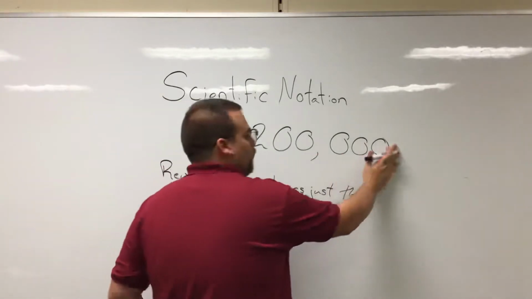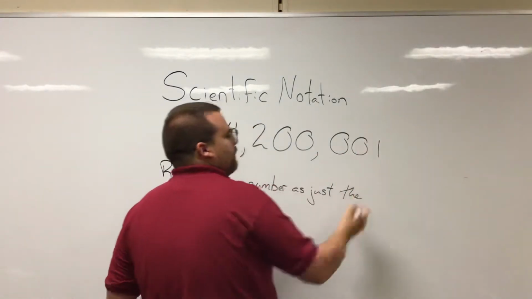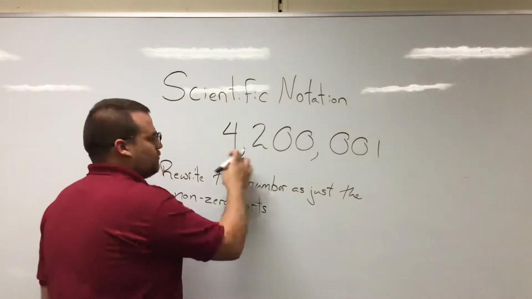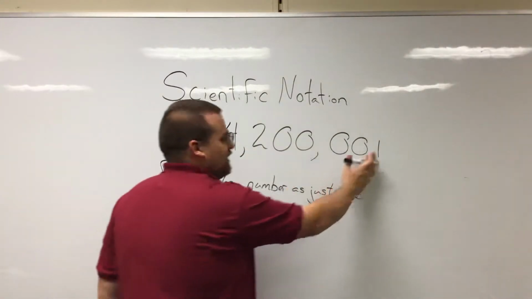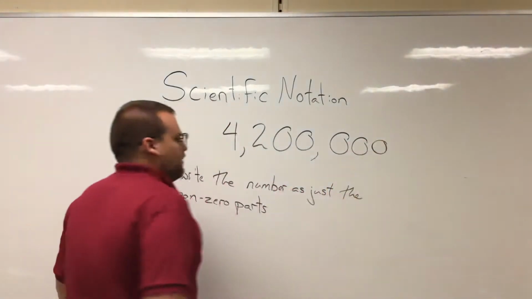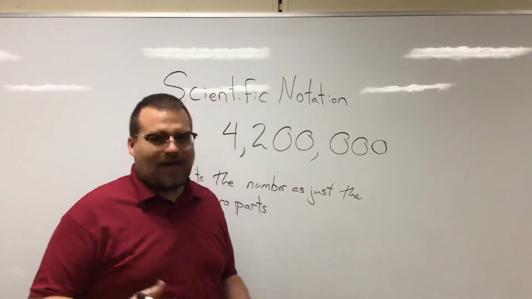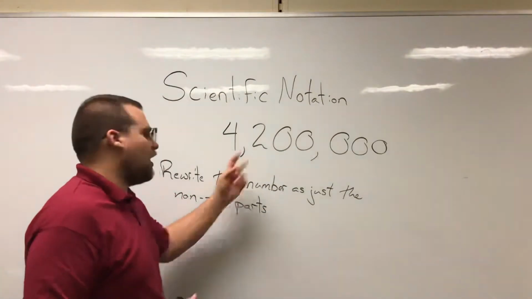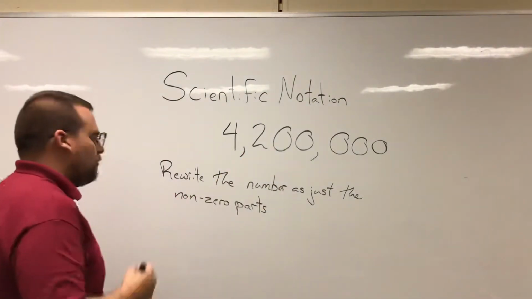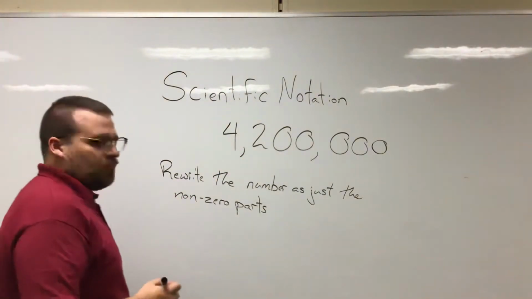Even if this was 4,200,001, to be honest, we kind of just round it and we only really care about this opening. But for the purposes of this video, we're going to be dealing with numbers that don't have that many non-zero digits. But we want to rewrite it as just the non-zero parts.